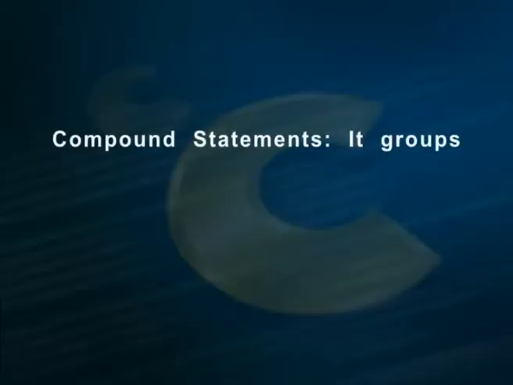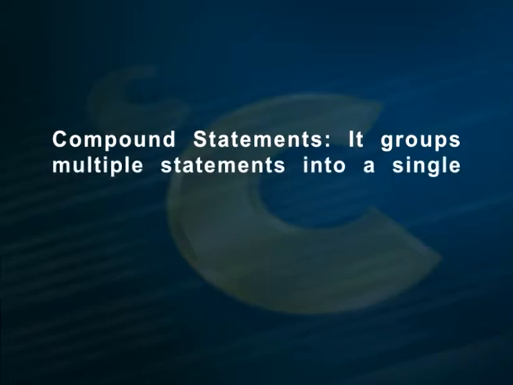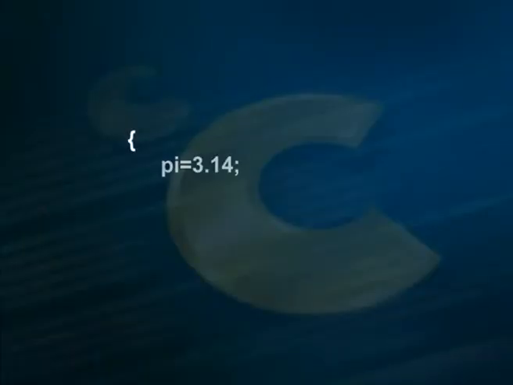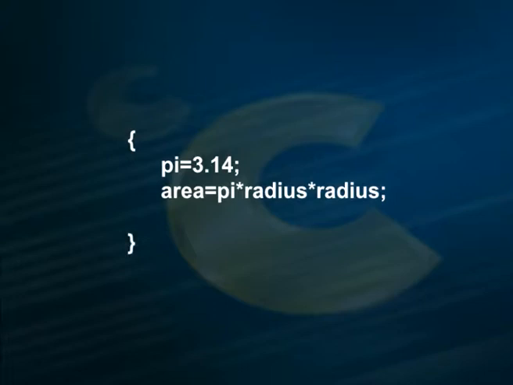Compound statements. It groups multiple statements into a single statement. It consists of multiple statements and declarations enclosed within braces. For example, start curly brace, pi = 3.14; area = pi * radius; close the braces.